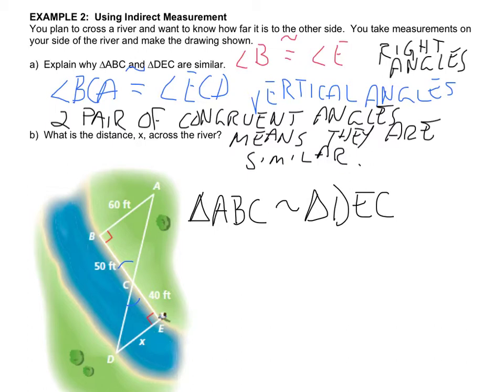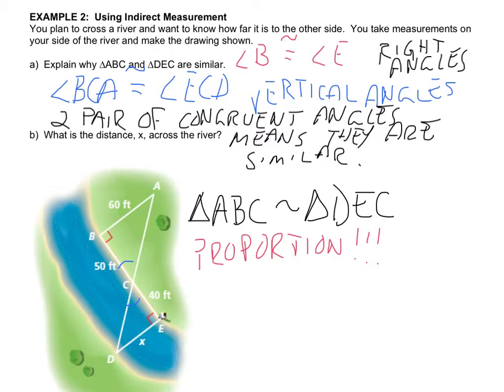And the key word there is proportion. So, with that information, what I want to do is make a proportion of two equal ratios to solve for the missing x.